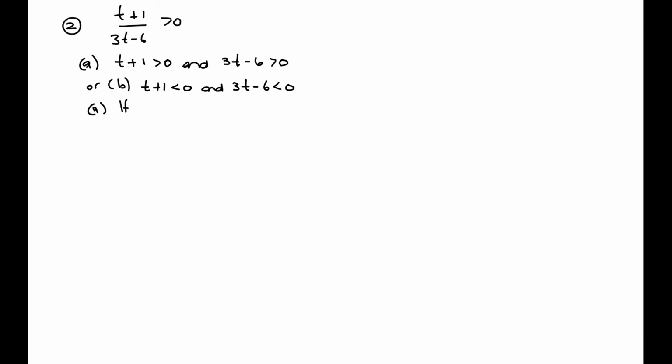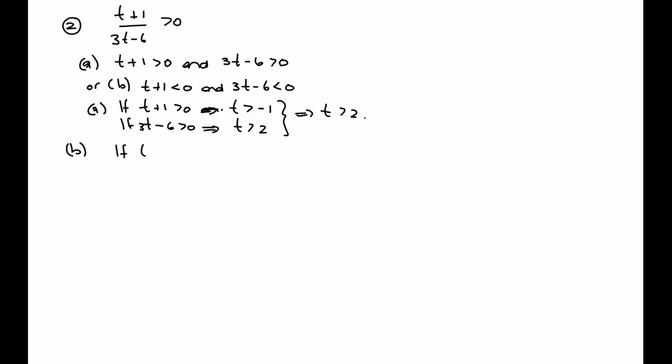So if t plus 1 is positive, then that will give us that t is greater than negative 1. And if 3t minus 6 is positive, then t is going to be greater than 2. Now both of these are only true when t is greater than 2. For case B, if t plus 1 is negative, then t is less than negative 1.